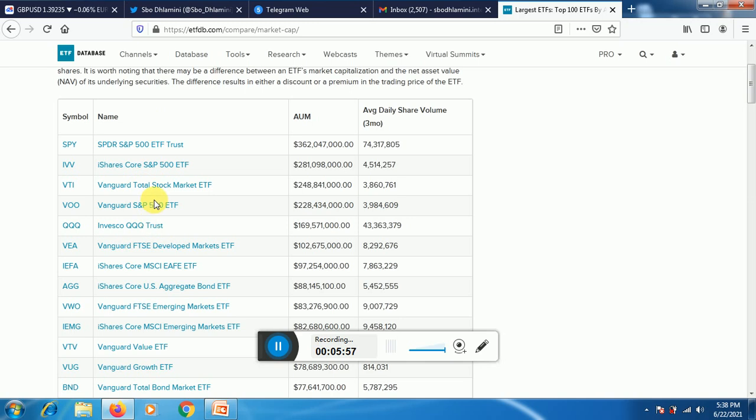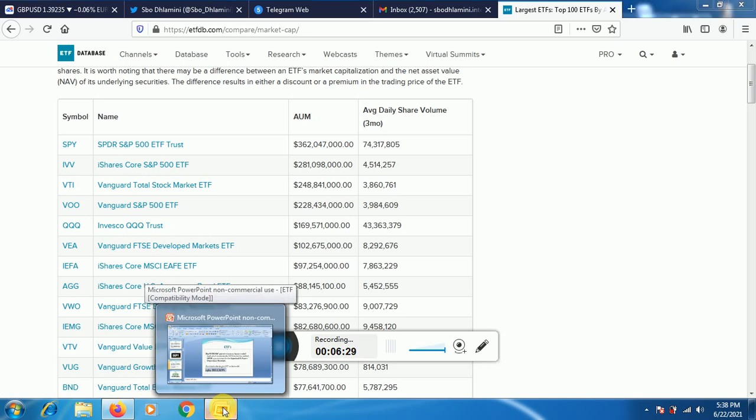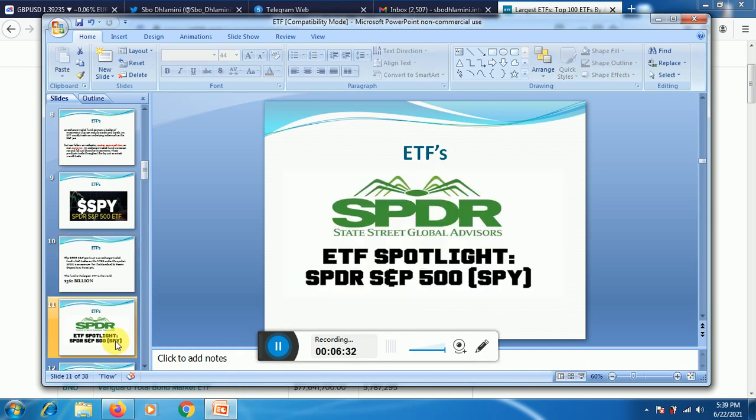One of my favorites on this list, besides the Spider one, is the Invesco QQQ Trust, which tracks the Nasdaq 100, the largest 100 technology companies listed on the Nasdaq exchange. There are other big players here, like the Vanguard Value ETF and the Vanguard Total Bond ETF, which are also big and massive on their own.